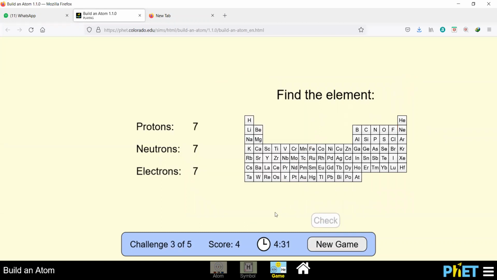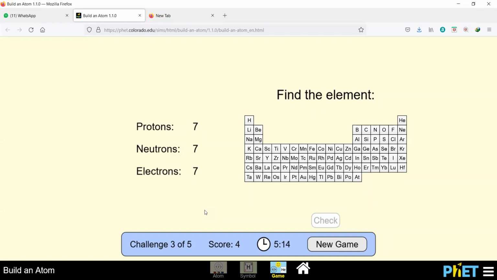Okay. You have 7 and 7. You are just going to locate it in the periodic table. Teacher, I think it's going to be element F. Distribute 7. 2 and 5.